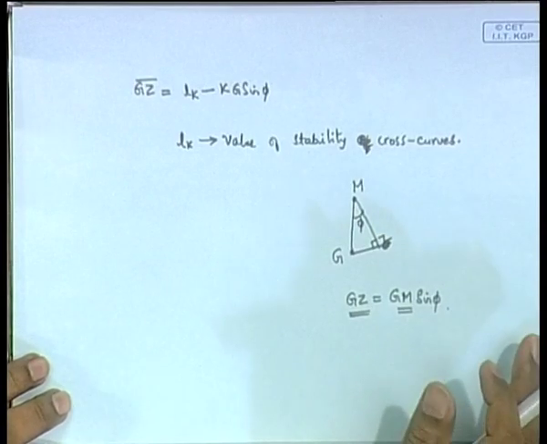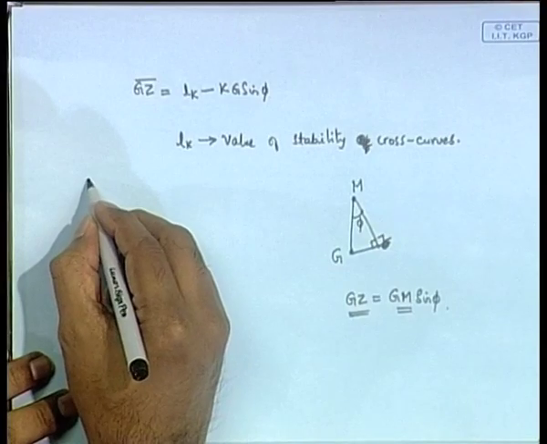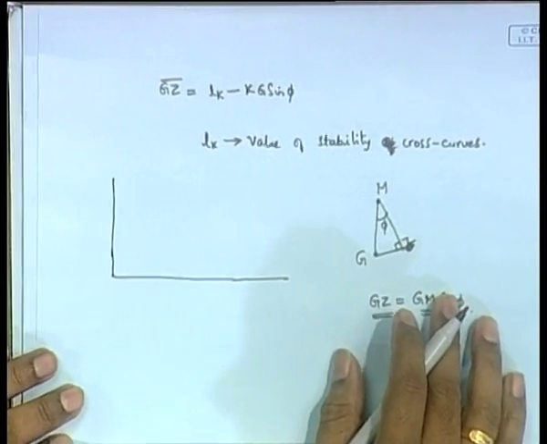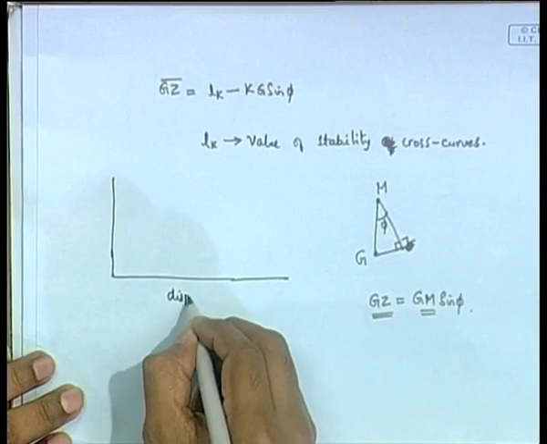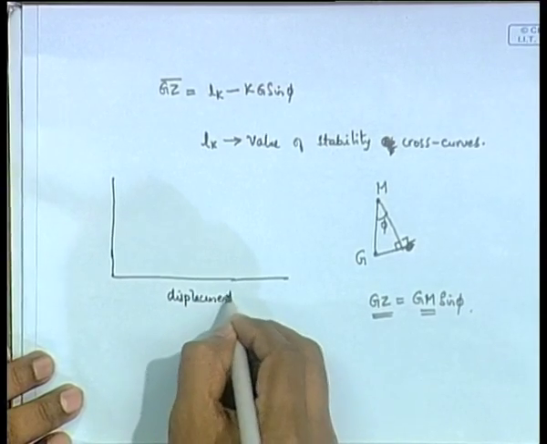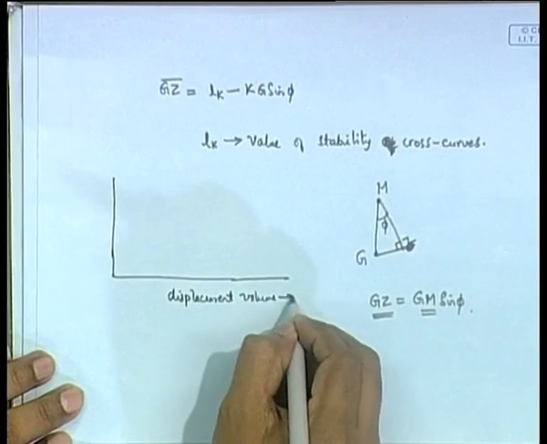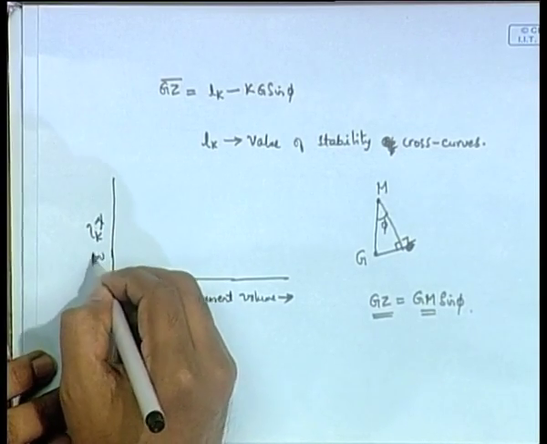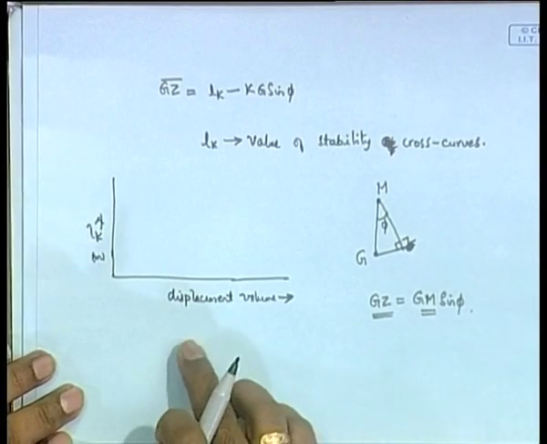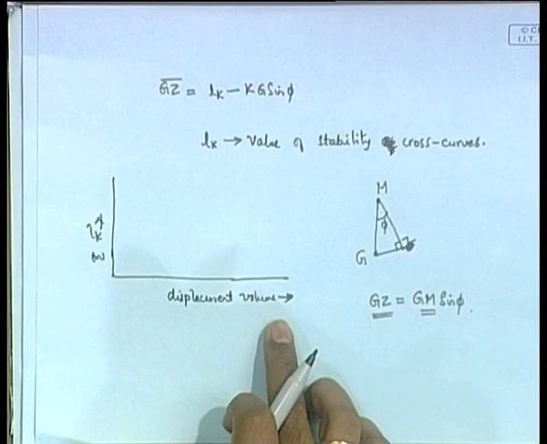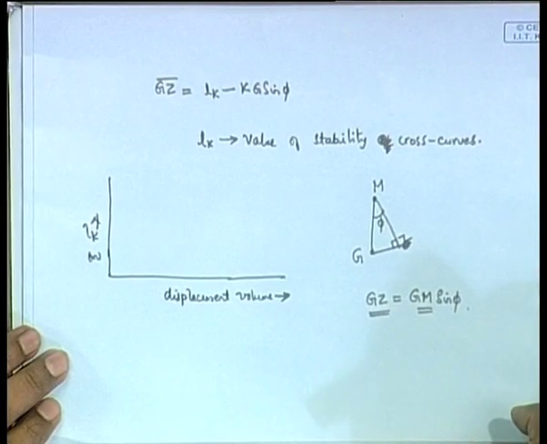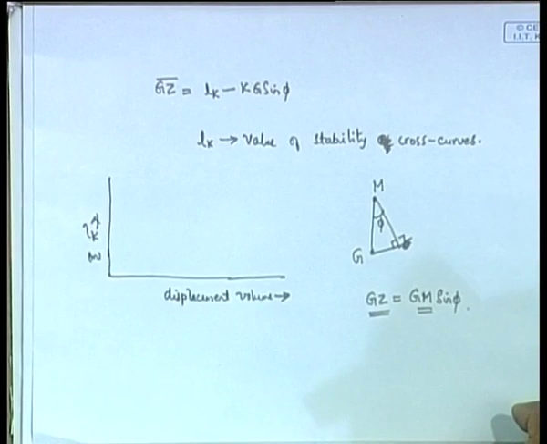Now, if you draw a figure between the displacement volume and the Lk, what is it called, the lever arm of stability of form.